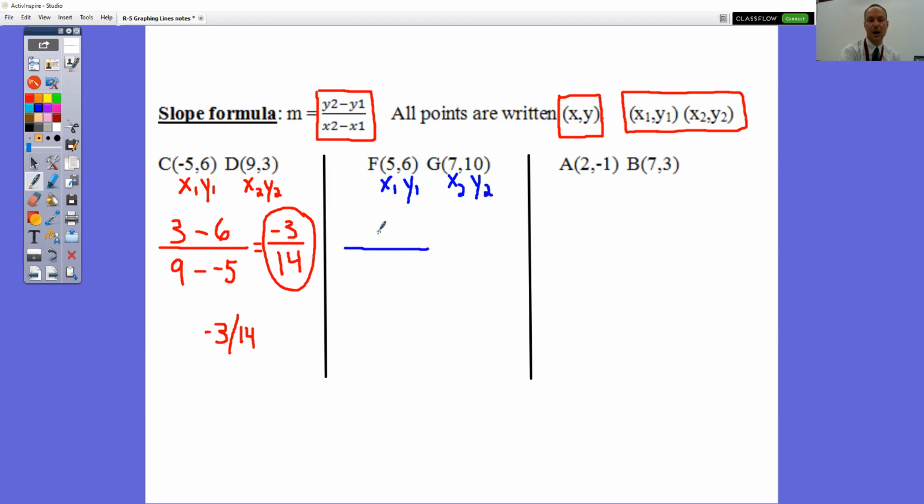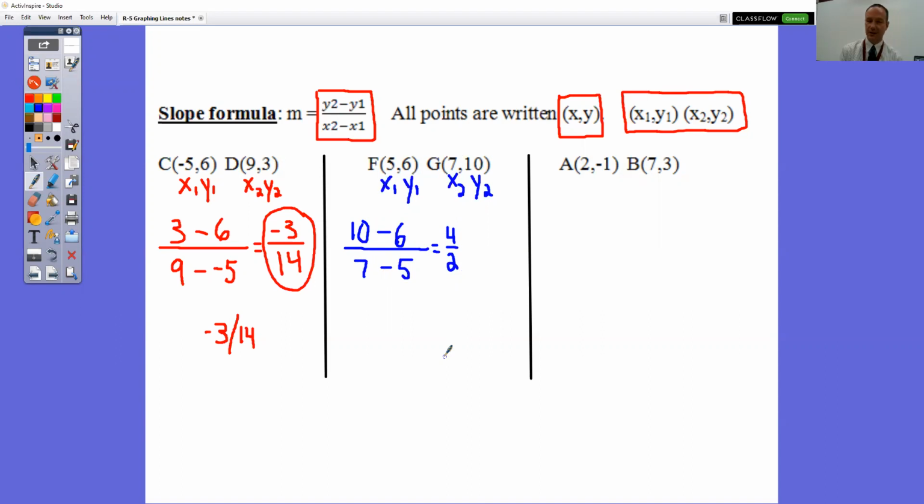You put your fraction bar, put your 2 minus signs, because that comes right from the formula. y2 minus y1. So we have 10 minus 6 on the top. x2 minus x1. 7 minus 5 across the bottom. 10 minus 6 across the top is 4. 7 minus 5 is 2.